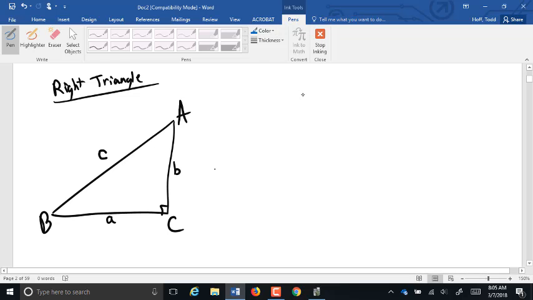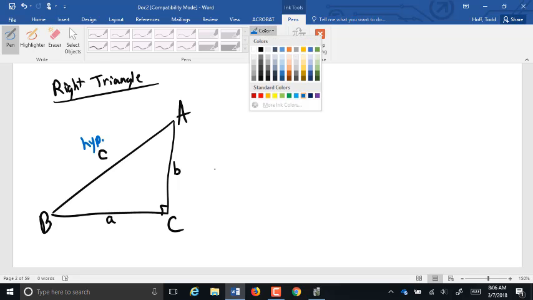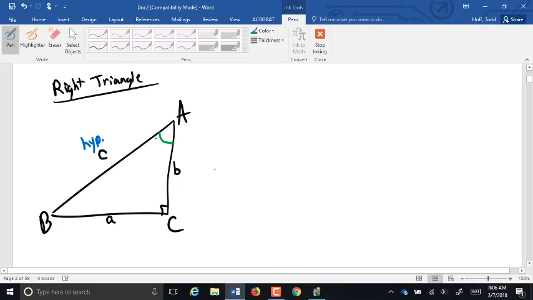So, which side is the hypotenuse? C. I kind of gave that one away, didn't I? So the hypotenuse is side C. Which side is the adjacent side? There you go, trick question. The adjacent side and the opposite side depend on which angle we're looking at. So I'm going to adjust colors here. If I am looking at this angle here, which side is the adjacent side?